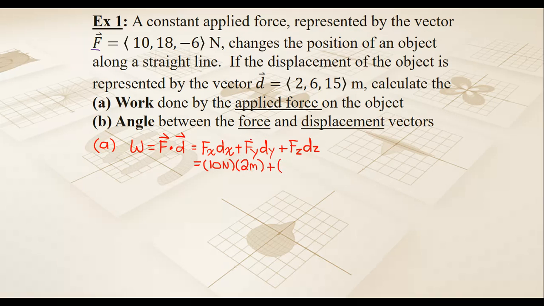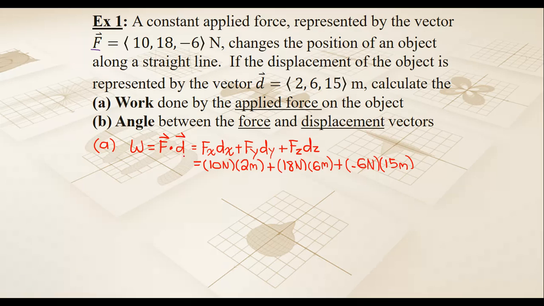Plus the y component of the force vector, 18 newtons, times the y component of the displacement vector, 6 meters. Plus the z component of the force vector, negative 6 newtons, multiplied by the z component of the displacement vector, which is 15 meters.